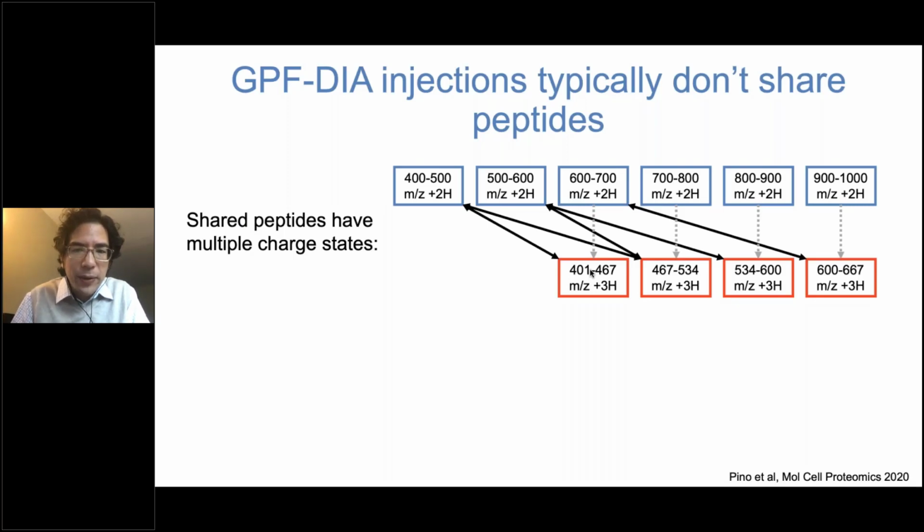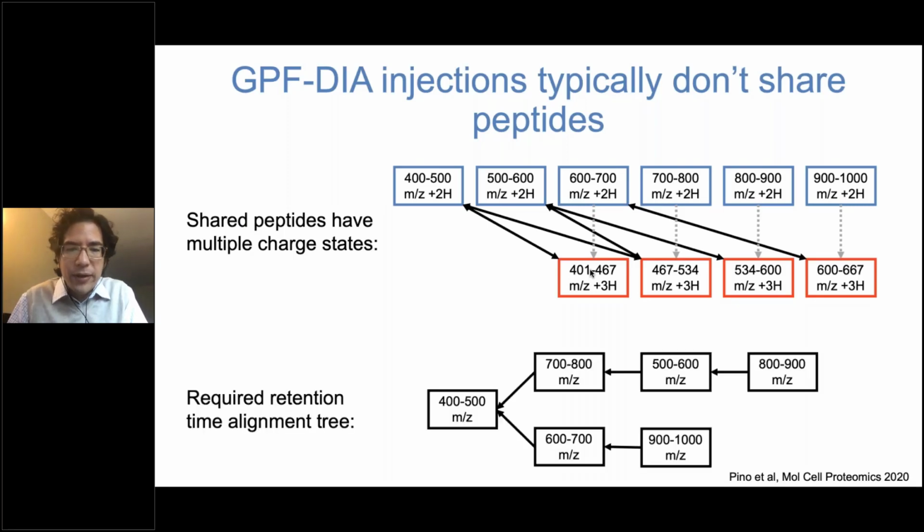You can potentially use this to retention time align between all of these samples, but it's very expensive and very complicated to build this sort of spanning tree to retention time align between all of the gas phase fractions. So we highly recommend just waiting until your column settles out and then collecting them after about 10 runs or so.